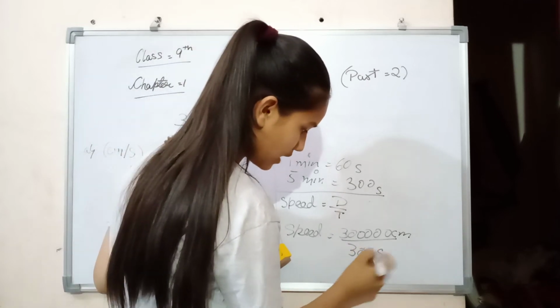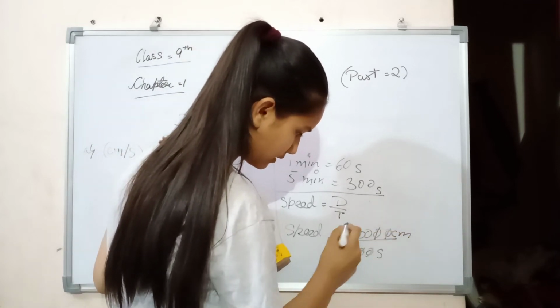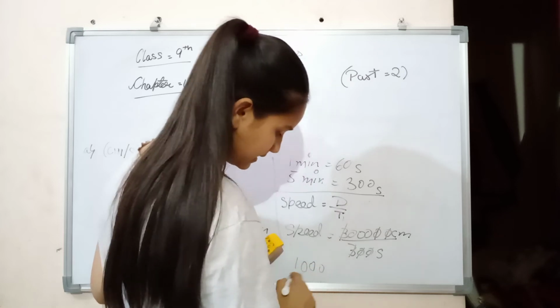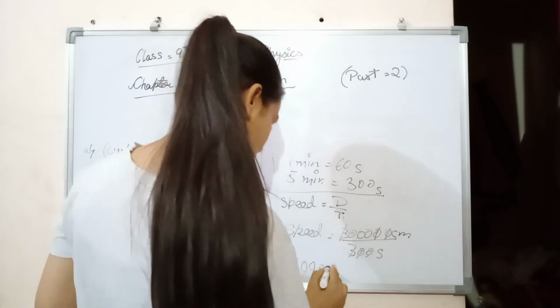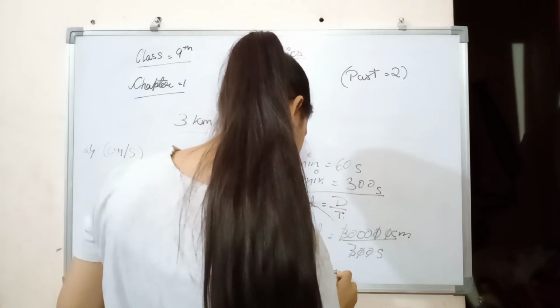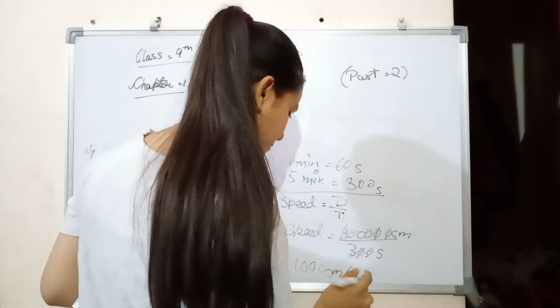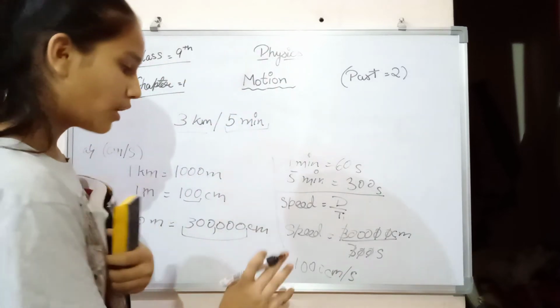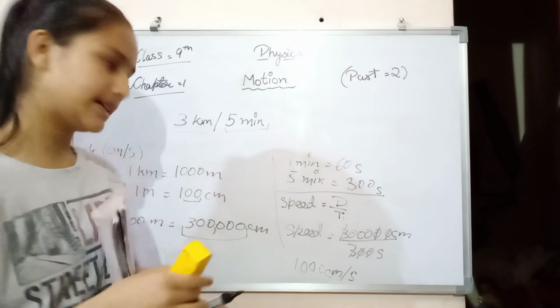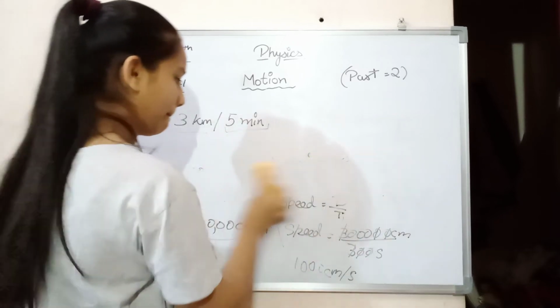So we will cancel out 2 zeros with 2 zeros. So the speed of the scooter in centimeter per second is 1000 centimeter per second.